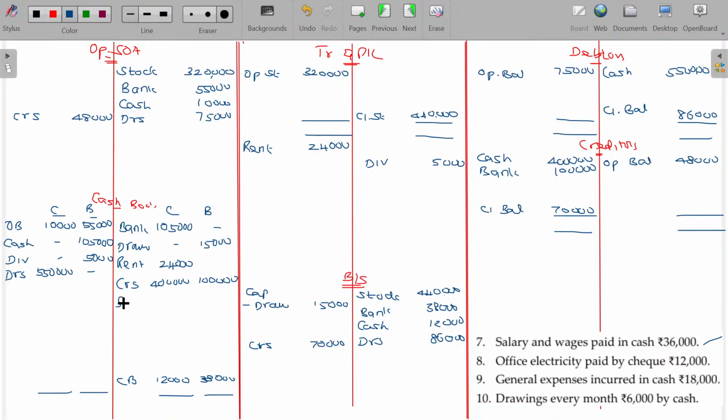In the wages side, salaries paid, value being 36,000. I assume that the payment is by way of cash, as the information is silent. Salaries and wages being an item of expenses, debited to the P&L account. So here salaries and wages, the value being 36,000.